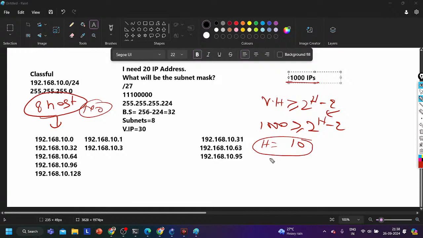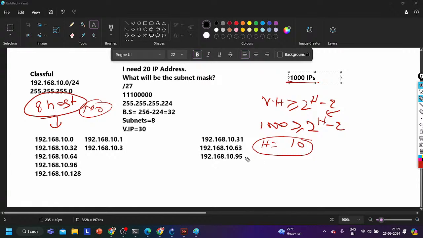And how many bits do I need to borrow? 2 bits.